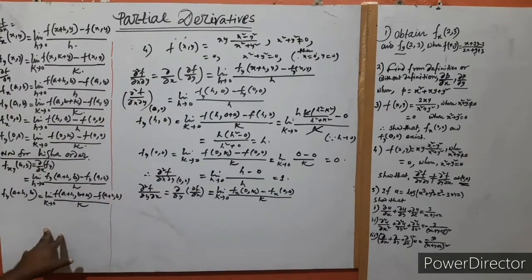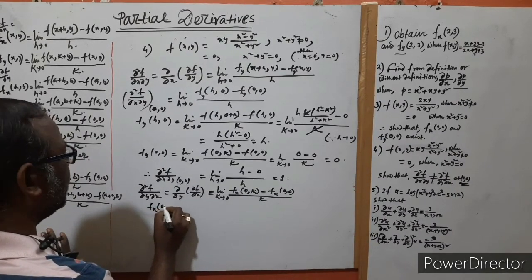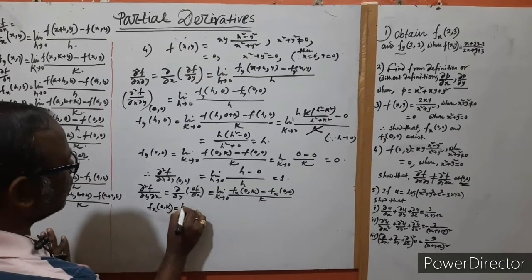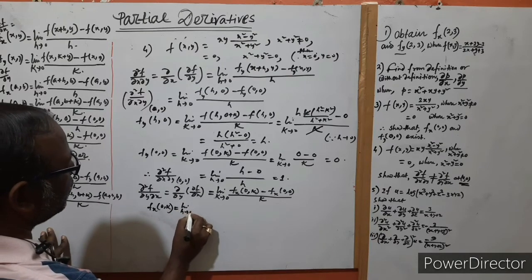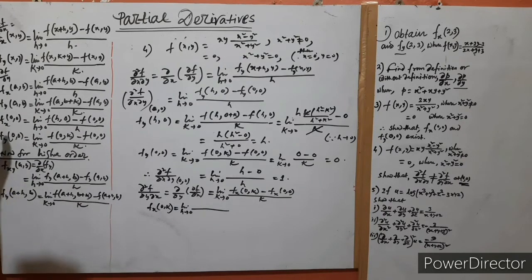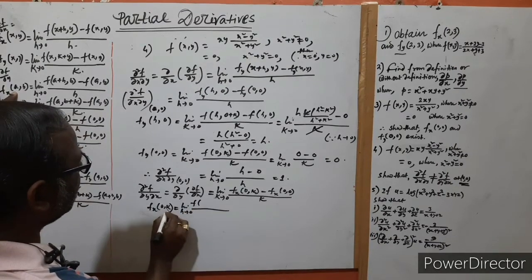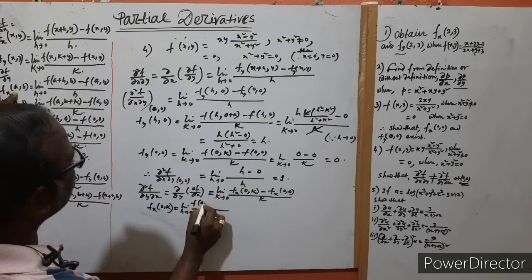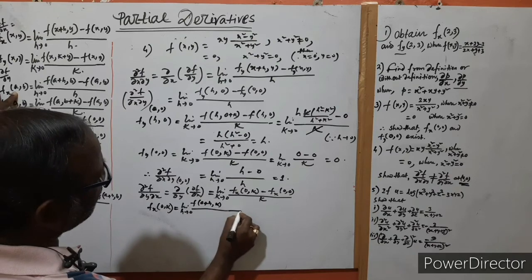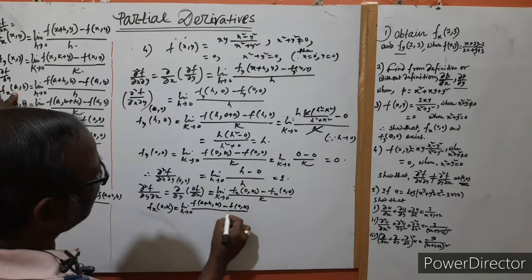Okay, see, now find f suffix x of (0, k). So this is equal to limit h tends to 0, with respect to x at (a, b), so a is 0, so f of (0 plus h, k) minus f of (0, k) by h.